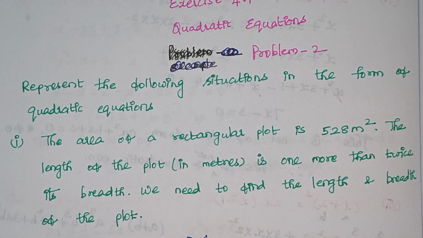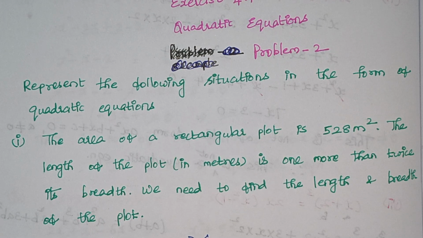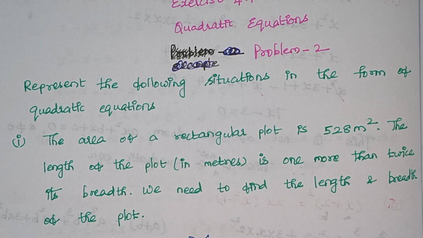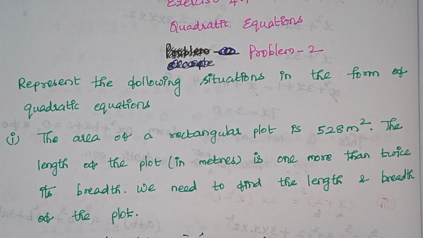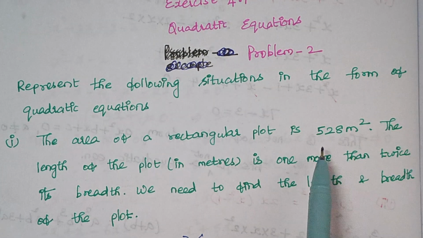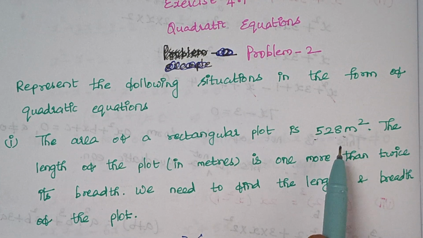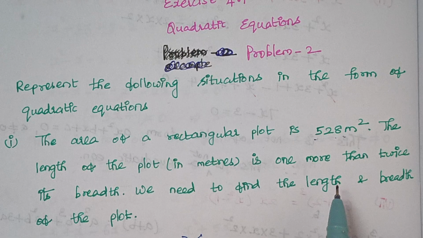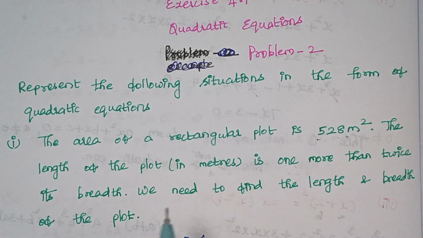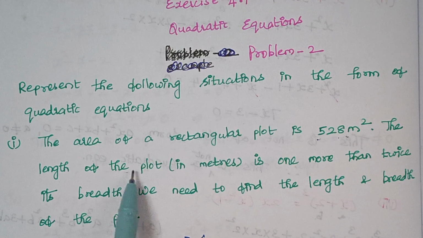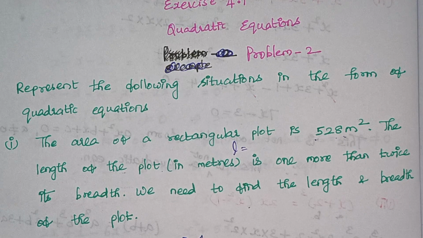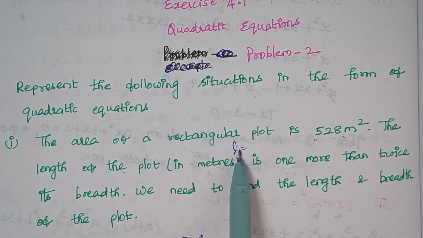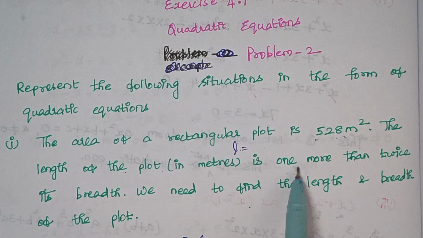So here the relationship between the length and breadth of the plot is given, and the area of the rectangular plot is given. So what is the area of a rectangle? Area of the rectangle is given by length into breadth. So here the value is given, that is 528 is equal to L into B. The length of the plot is, which means L is equal to, I denote L as length of the plot, 1 more than.